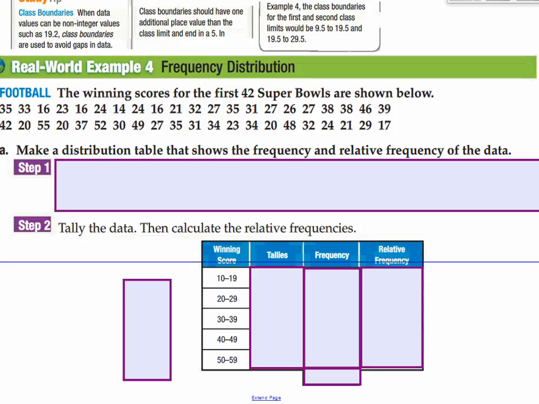Just looking at that data from the board, take a minute and I'll read them to you and you tally them as I go. Does that make sense? You ready? So you're just putting little tally marks. I don't know that I'll keep up with you because I'm just going to read them. The first one is 35, then 33.